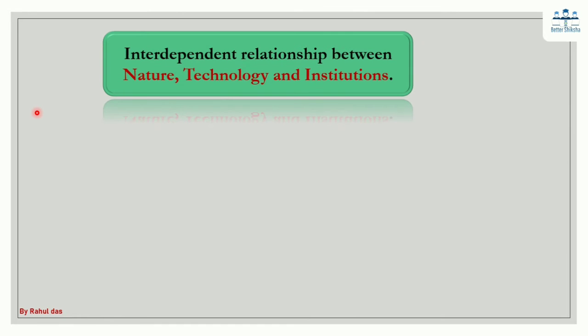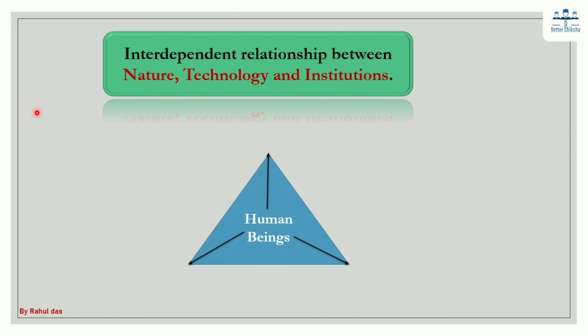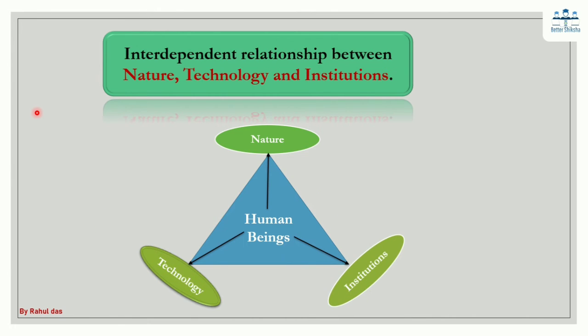We'll look into the interdependent relationship between nature, technology, and institutions with us as human beings, and how we are using these resources for the betterment of our life. Here is a beautiful triangle explaining the relationship between nature, technology, and institutions.